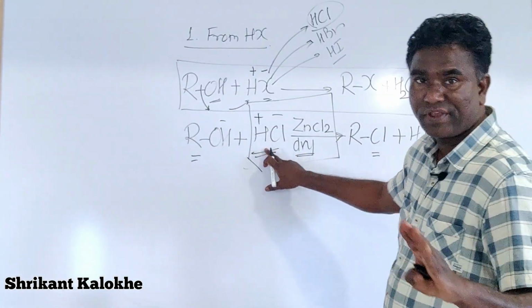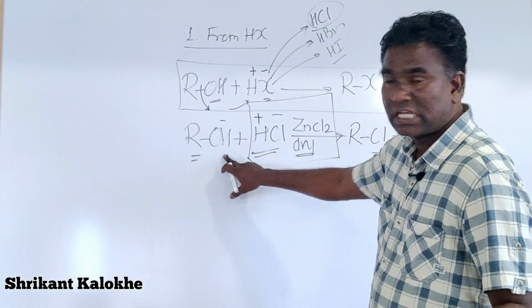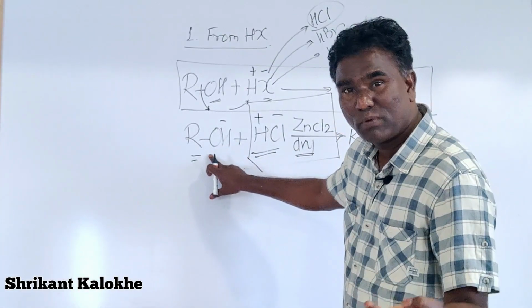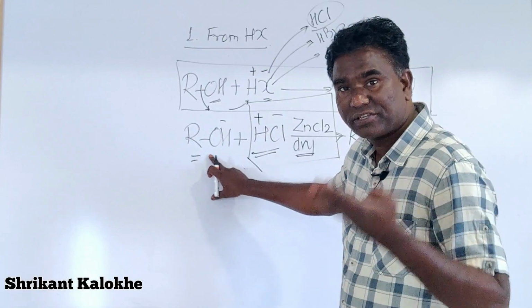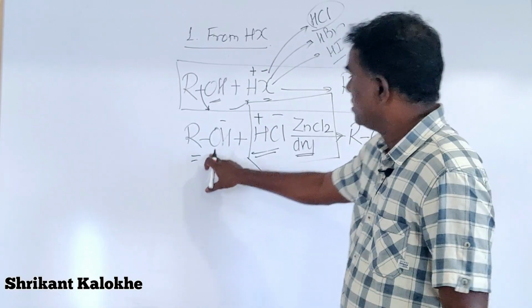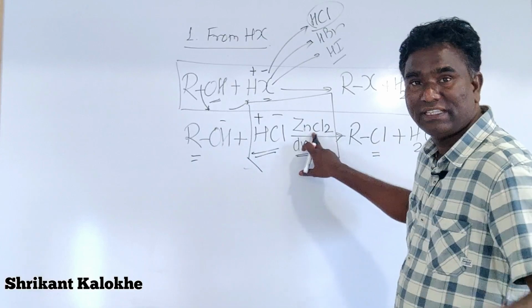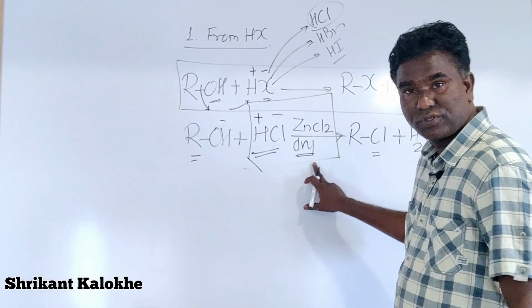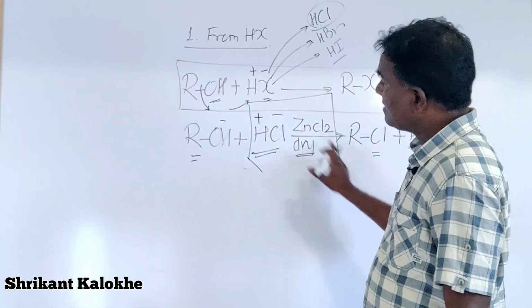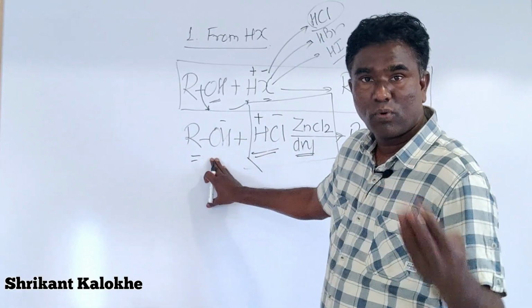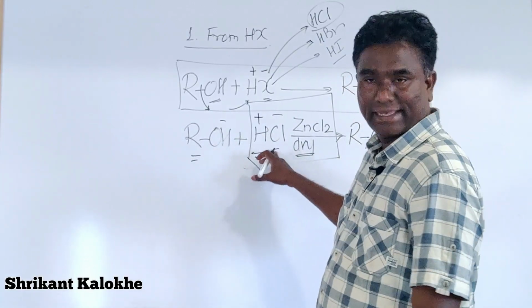HCl does not react directly with ROH. To make ROH more susceptible to reaction, it has to be treated with this dry zinc chloride, and then ROH becomes more favorable to react with HCl.